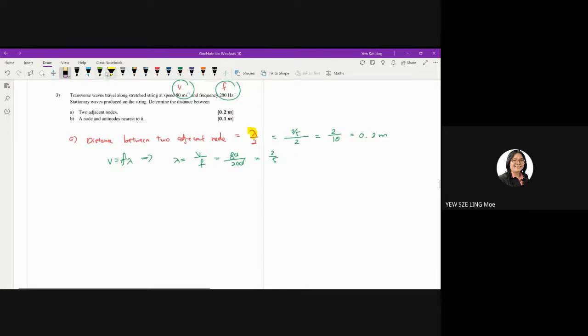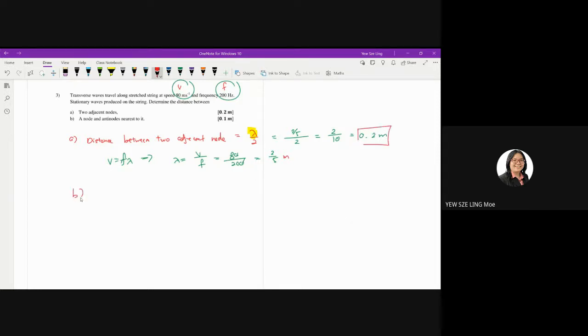It should be 2 over 5 meter. Right, so that is correct. So distance between two adjacent nodes is equal to lambda over 2. By looking at the question, we are able to determine the value of lambda. Lambda equals v over f, which is 2 over 5 meter. You sub it into lambda over 2, and from there you obtain 0.2 meter.